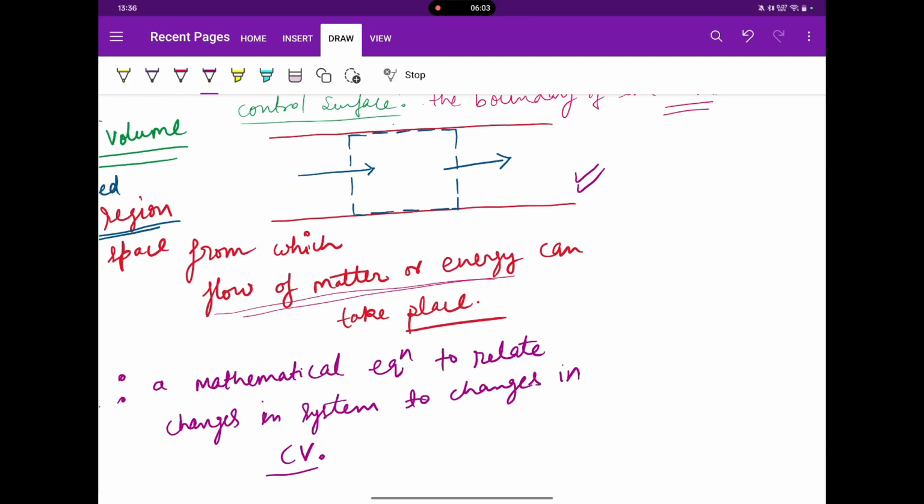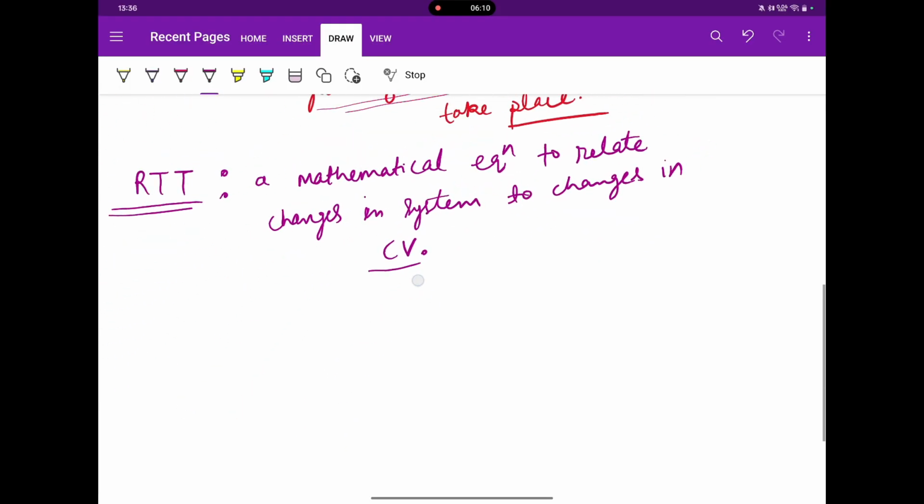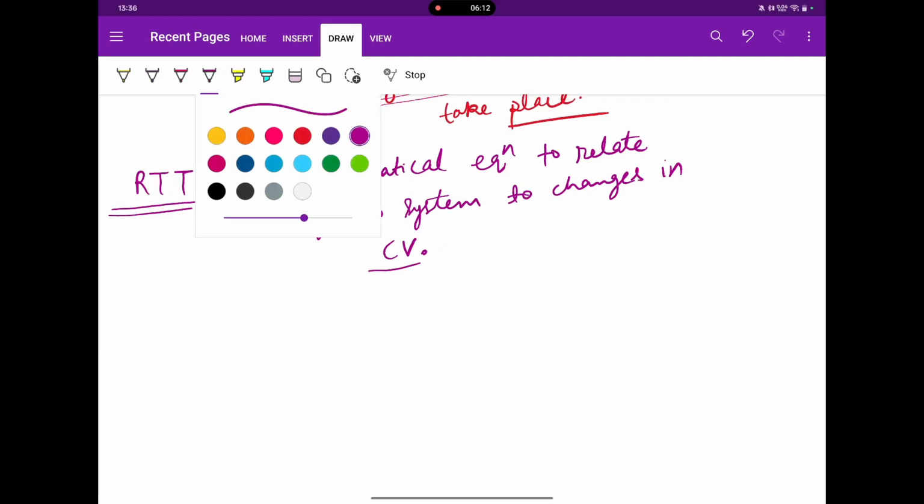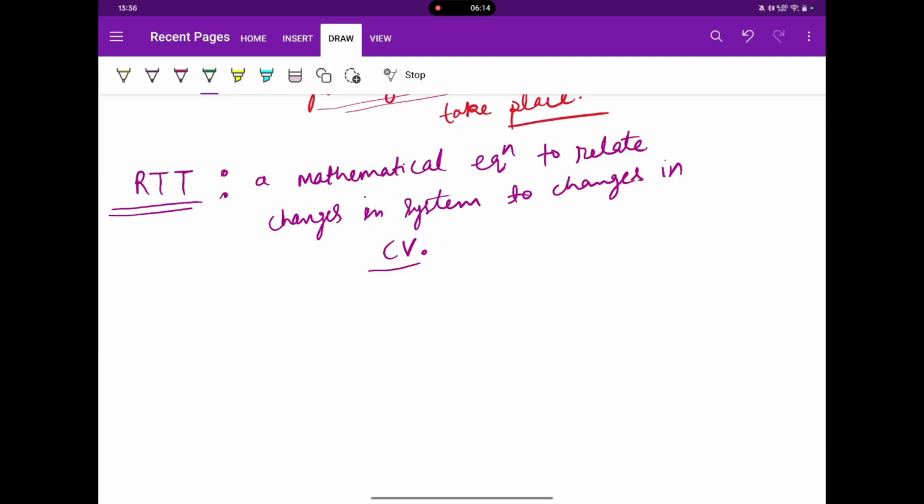Now I'm going to consider this again. My control volume is going to be very simple to understand this Reynolds transport theorem. By the way, changes of what? I forgot to add changes in system, changes of what? Changes of a property.